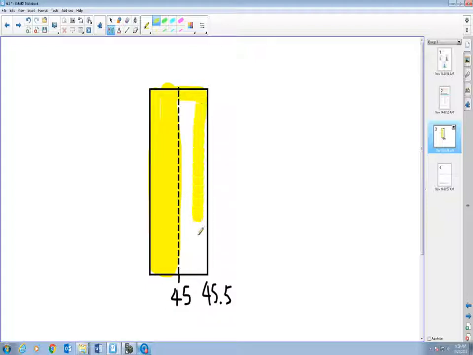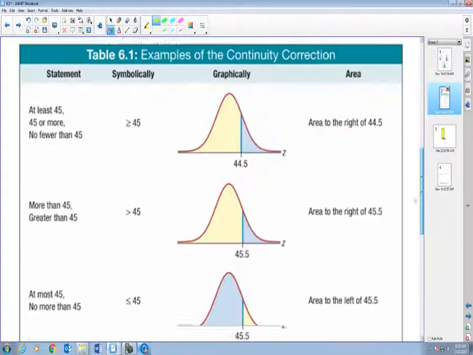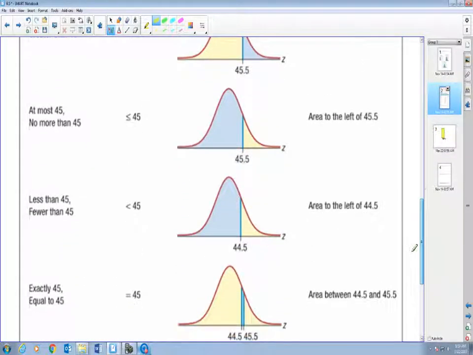So that's why, again, I've got to use 45.5 to the left. Everything to the left of 45.5 will actually include this entire rectangle. So this 0.5 thing is my continuity correction. This is how we go from discrete to normal.